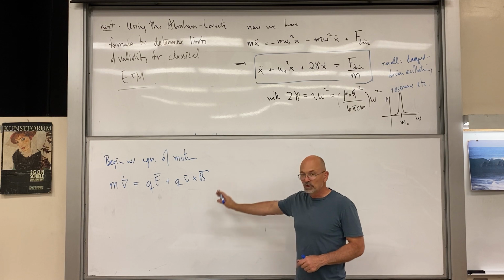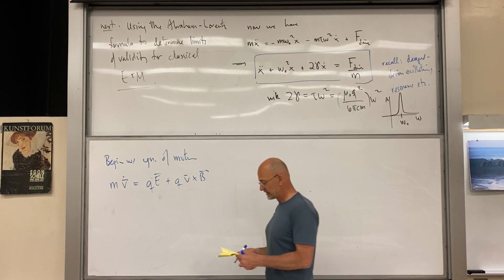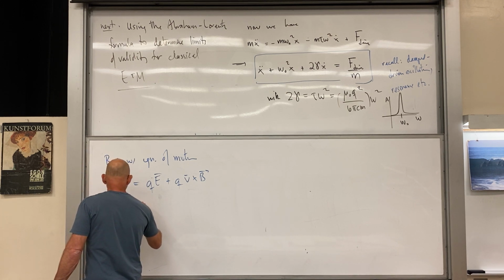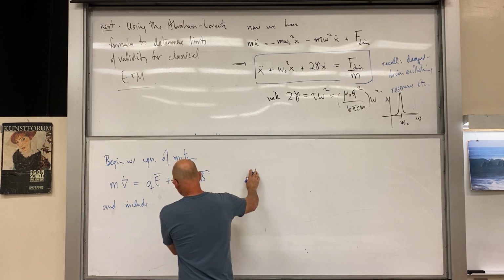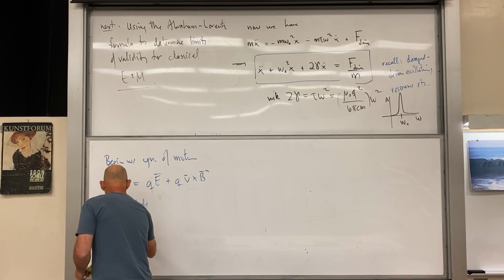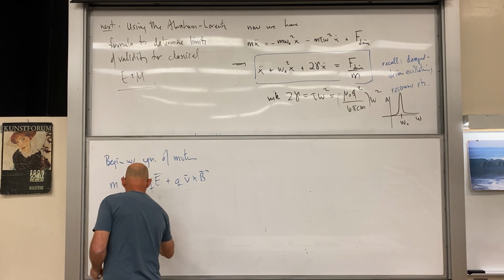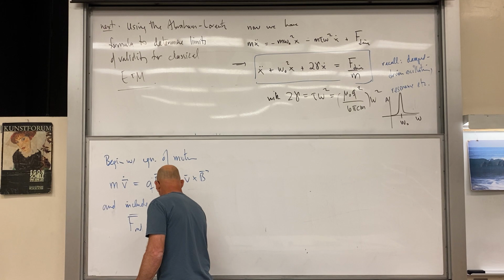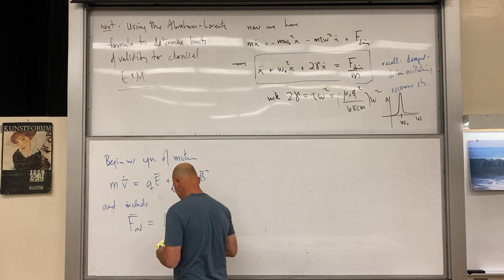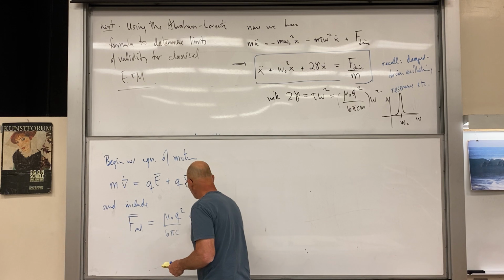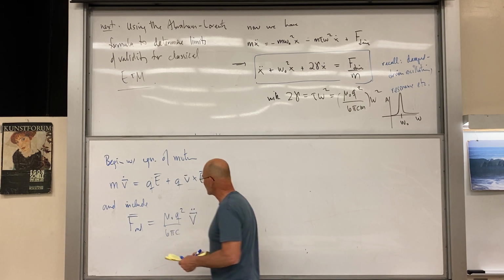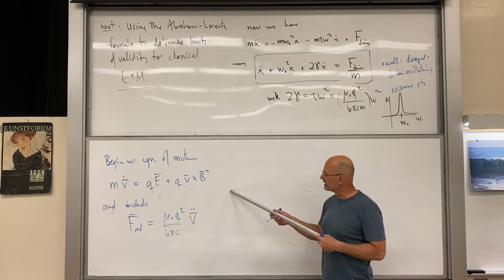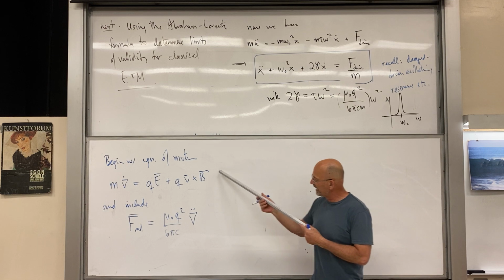And then we're going to include the radiation reaction force on the right side: F radiation reaction, mu naught q squared over 6 pi c, times the second derivative of v. So we include it on the right side as an added force that we didn't know about before.